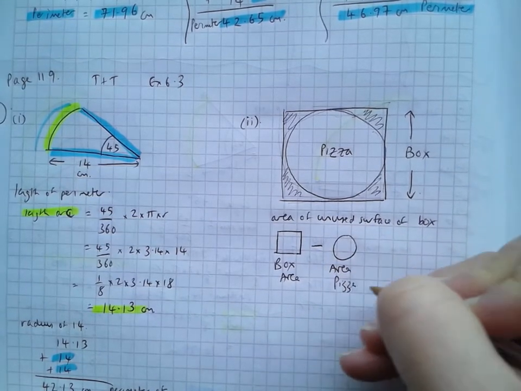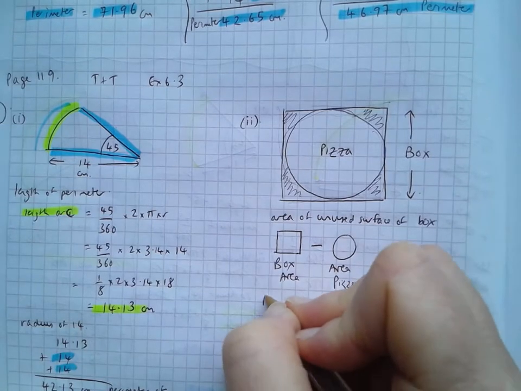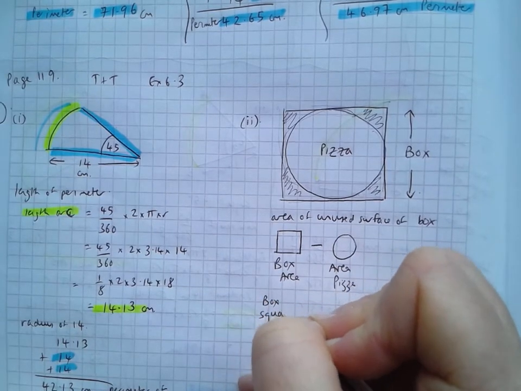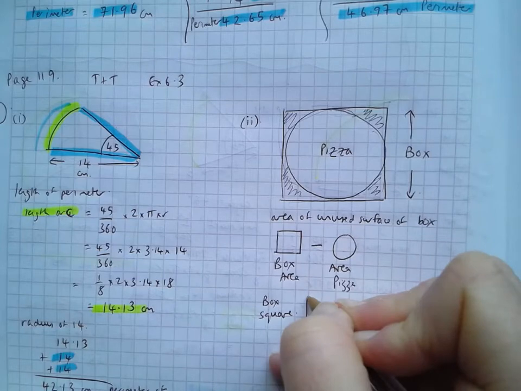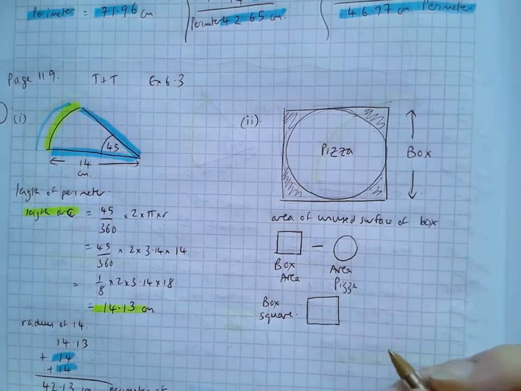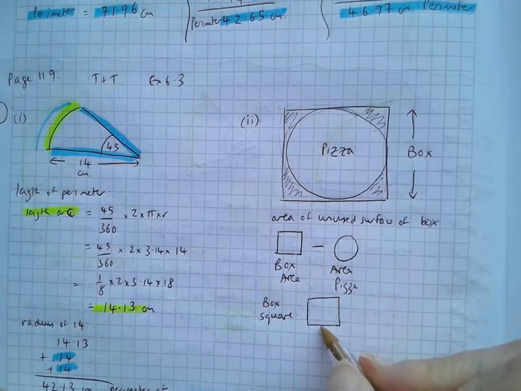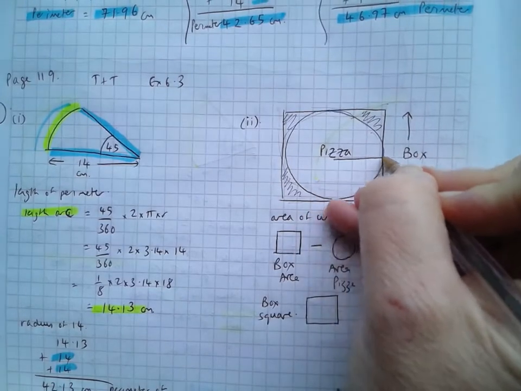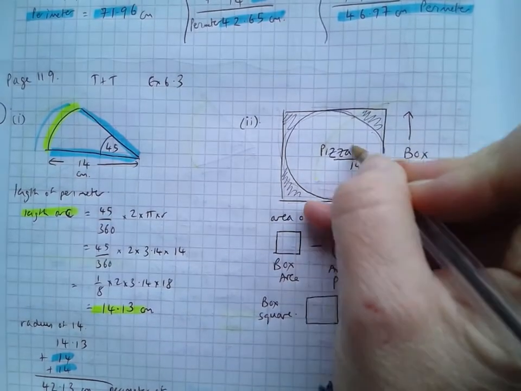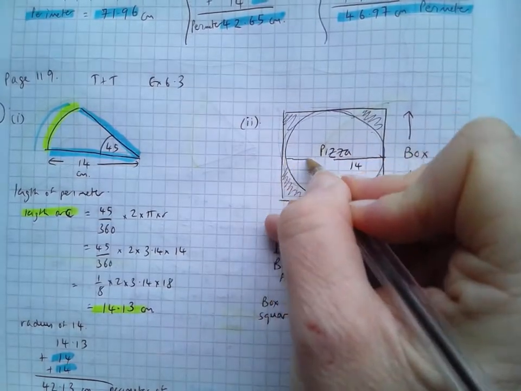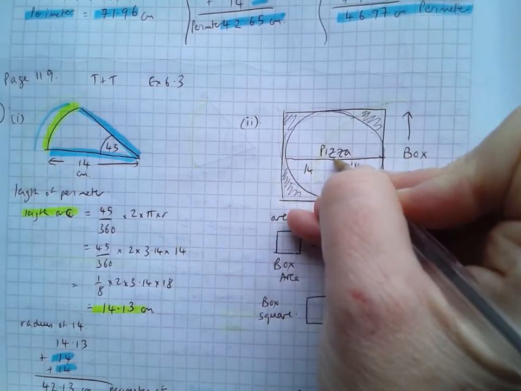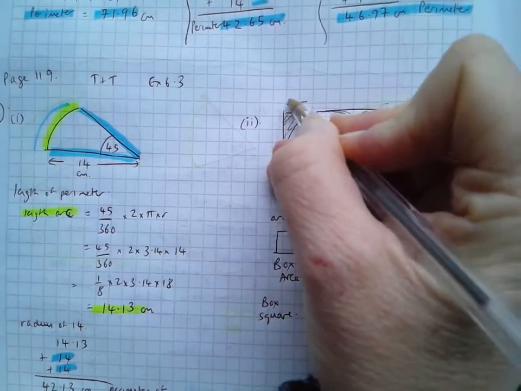Okay, so the box is a square, and, oh, it's a bad square, but anyway, the box has a width of the diameter of the pizza. Okay, and the radius of the pizza was 14, so the box has a width of 28.